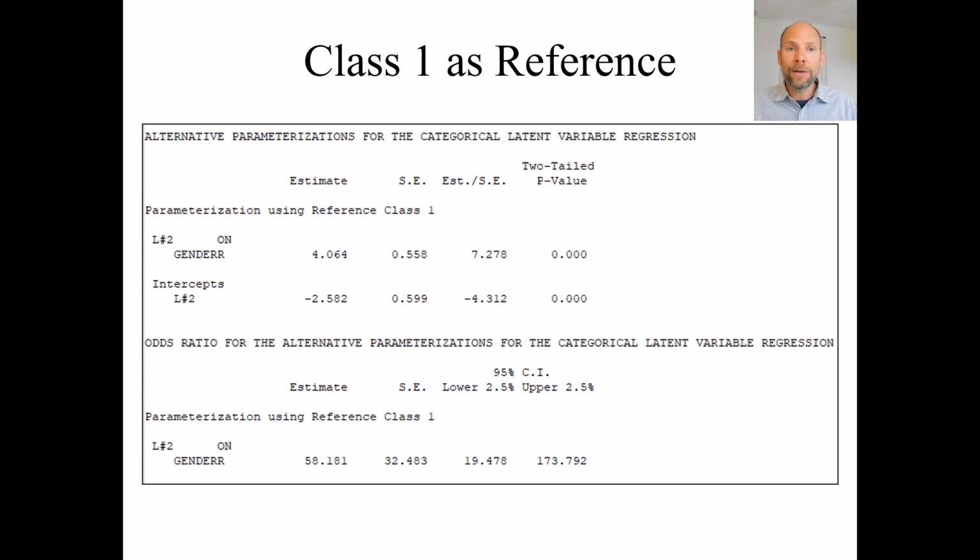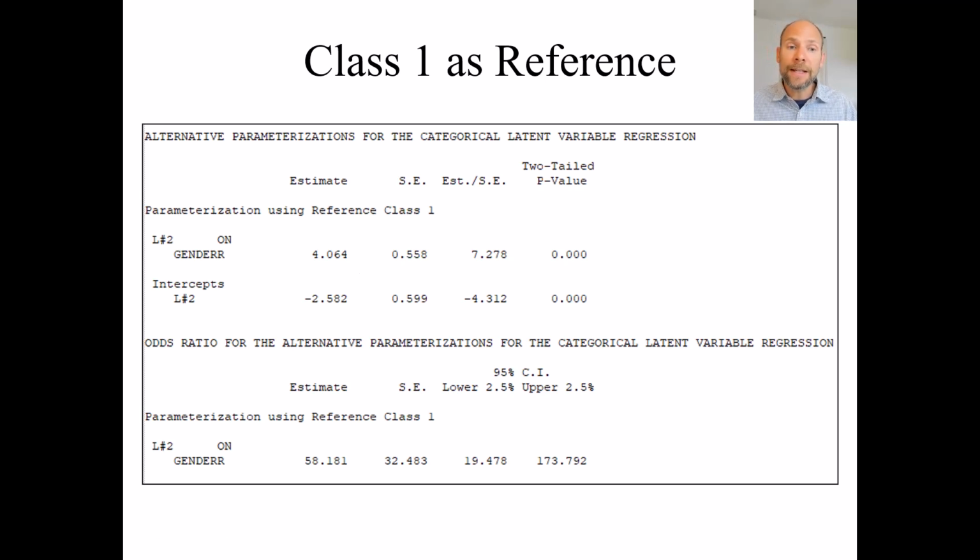So now we're using class 1 as reference as opposed to class 2. And so we're now using the non-player class as reference, and you can see that in this alternative parameterization that Mplus also calculated, we get the same coefficients, however with a different sign. Now our slope coefficient is positive 4.064. Previously it was negative 4.064.